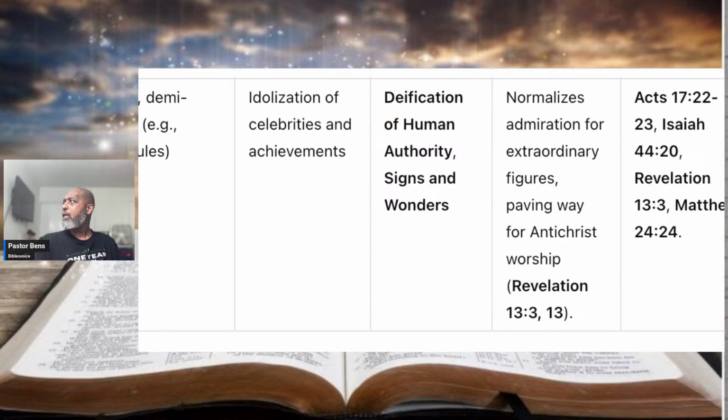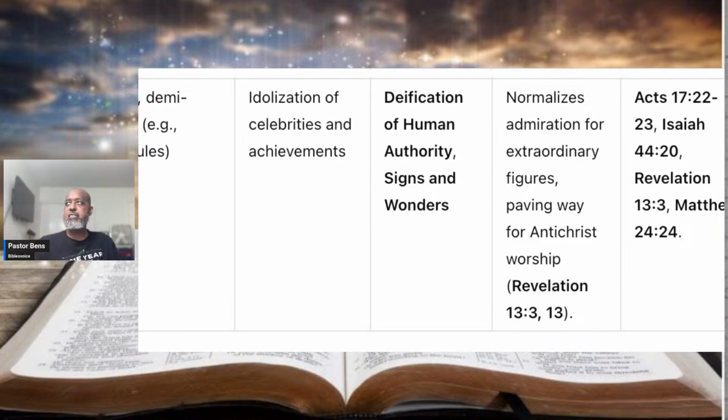All right. And so not only is it normalized, but guys, it is paving the way for many people who say they believe. It's paving the way for them to believe and trust in the Antichrist. All right. This false Messiah, the false Messiah.